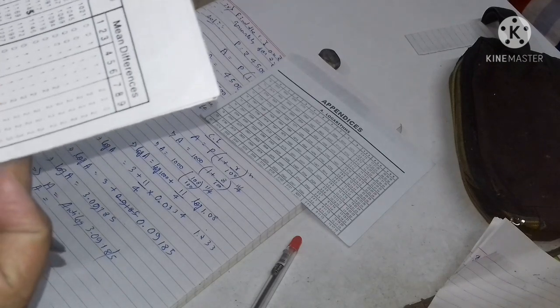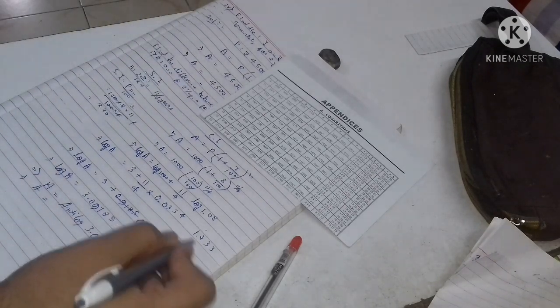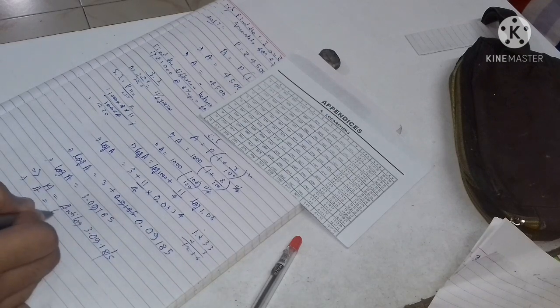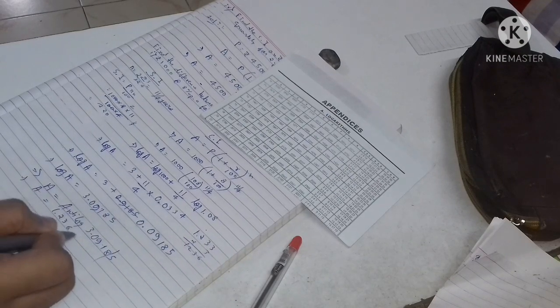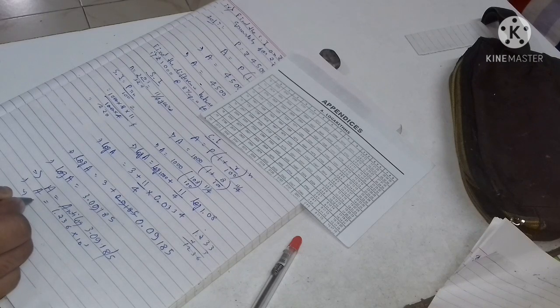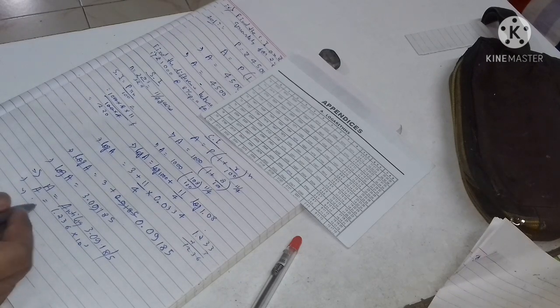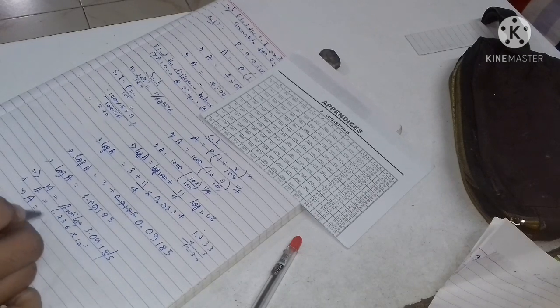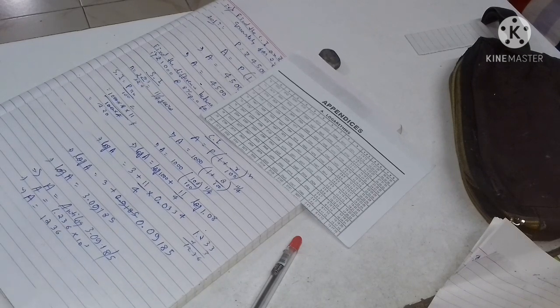So go to mean difference 9, it is 3. So plus 3, so 1236. So 1.236 into 10 to the power 3. So A equals 1236. Now the sum is not at all completed here.